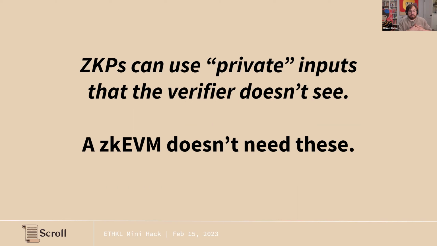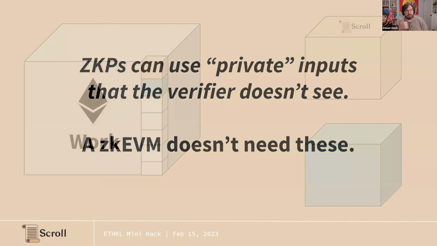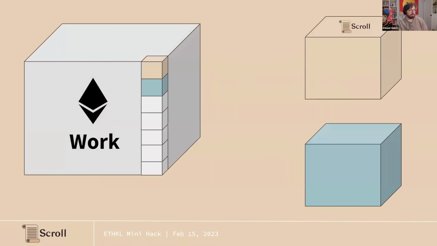But for what we're doing, emulating the EVM, a zkEVM does not need those private inputs. And so, yeah, we are using zero-knowledge proofs specifically for this succinctness quality, this way of smashing down the proof of the computation and the representation that everything happened according to plan.